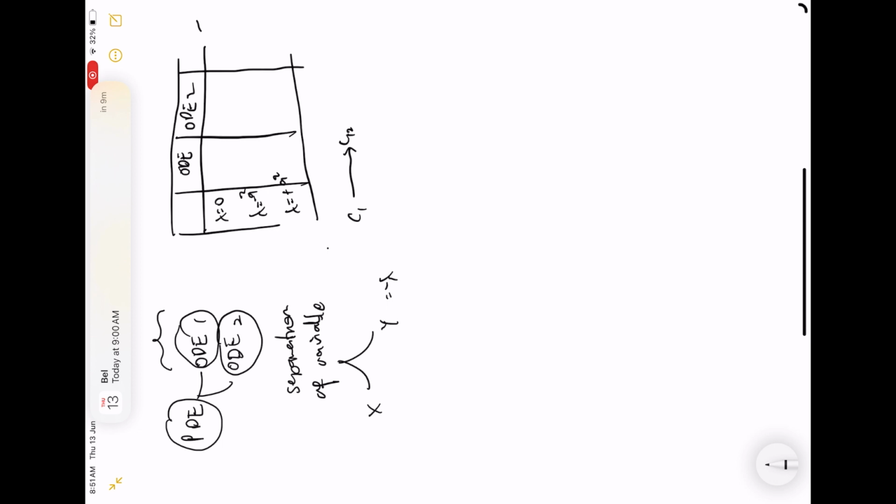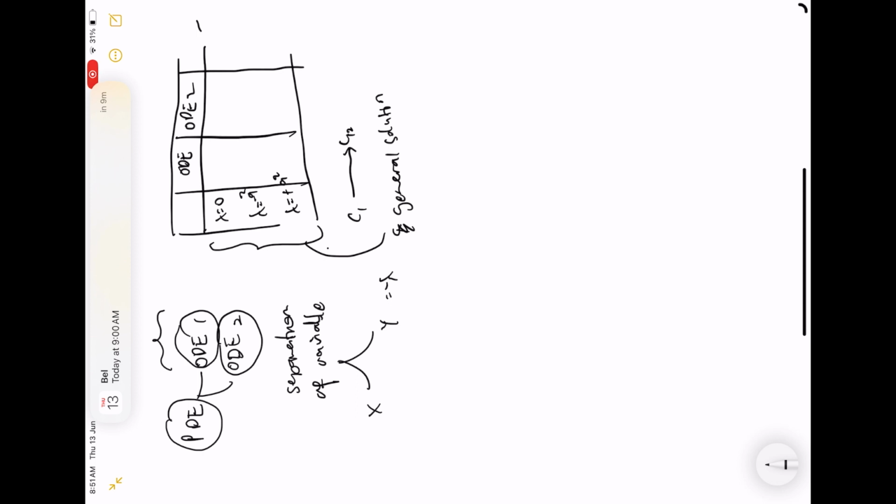When you apply all these three cases, you will get what we call the general solution. So in the general solution, you will have a form of answer with a lot of unknowns.